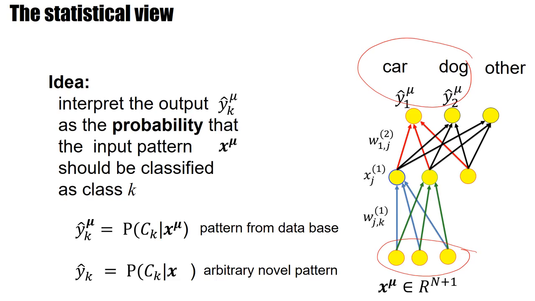And the idea is we want to interpret this output for this input mu, the y hat for mu, as the probability that this input pattern x mu should be classified as class K. And this should be true not only for the patterns in the database, but also for arbitrary novel patterns, which in my notation do not have any indices.